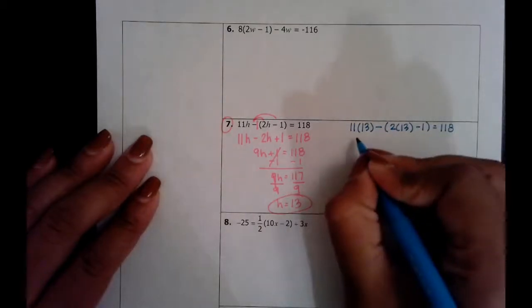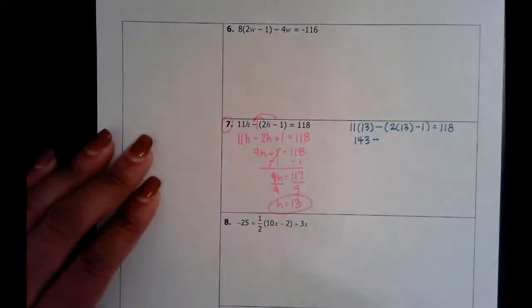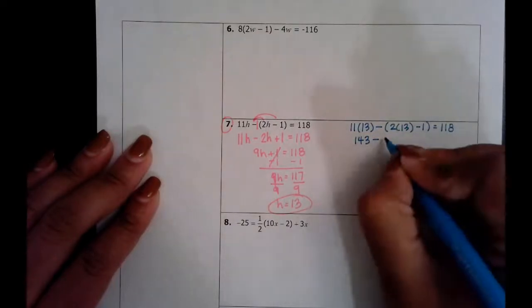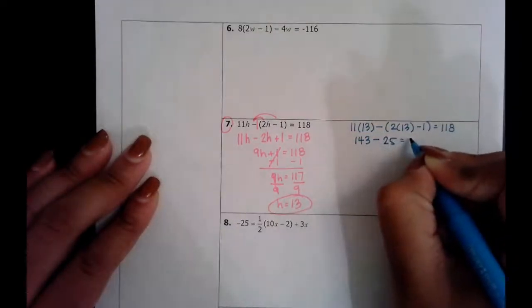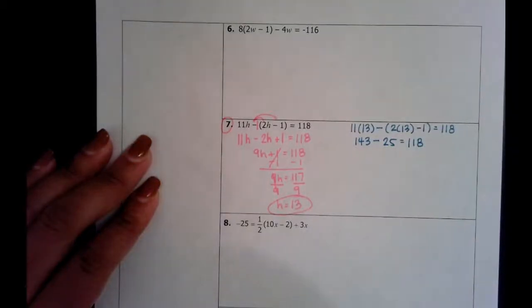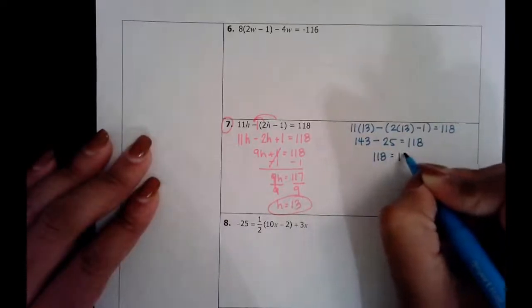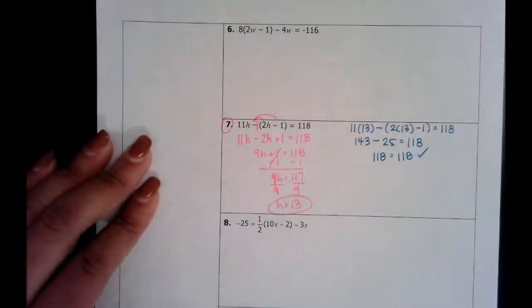That equals 143 minus 2 times 13 minus 1, which should give me 25, equals 118. 143 minus 25 is 118. So 13 is the correct answer.